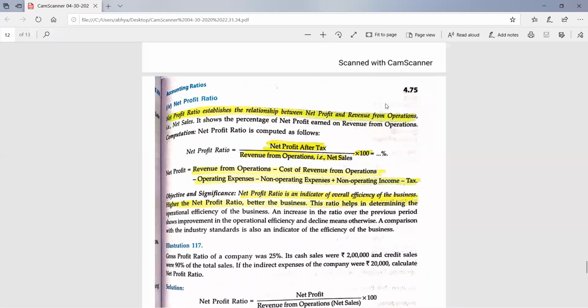GP minus all the indirect expenses like salary, rent, insurance, loss by fire, loss by theft, depreciation, amortization, sundry expense, selling expense, distribution expense, charity, advertisements, means all those expenses which we were writing in P&L account in 11th class. All those expenses will be deducted, plus other income. In chapter 3.2, we have added other income. Other income means credit side of P&L.